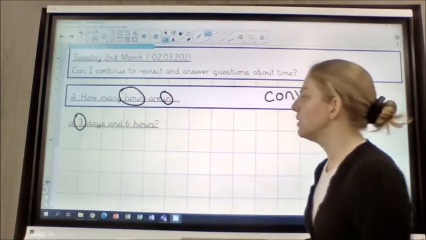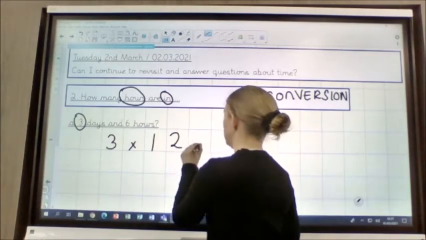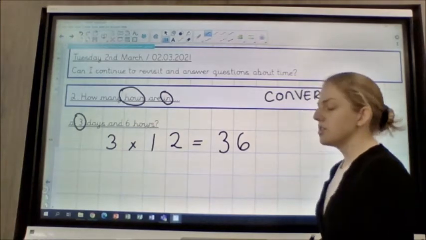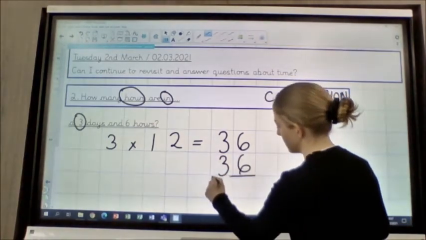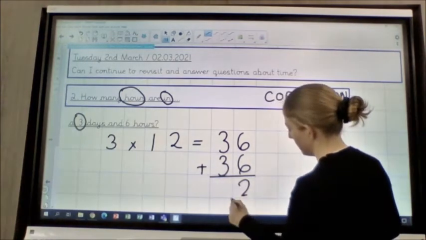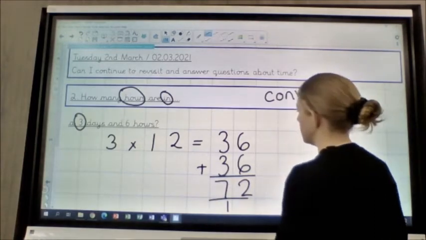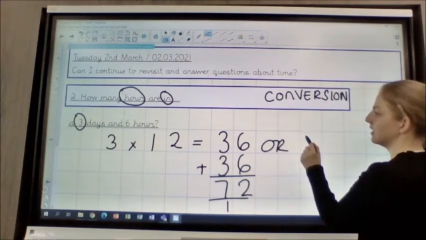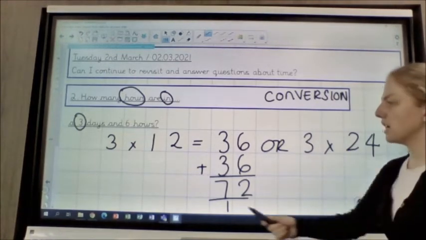Now I know that 3 times 12 is 36. So I need to double that 36 to get my answer. So I can see that I could work it out like this.